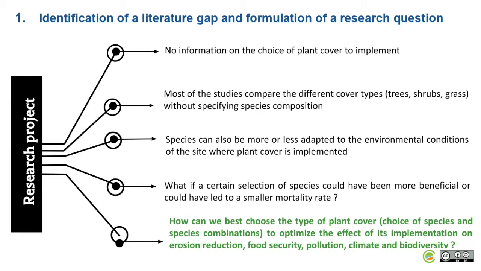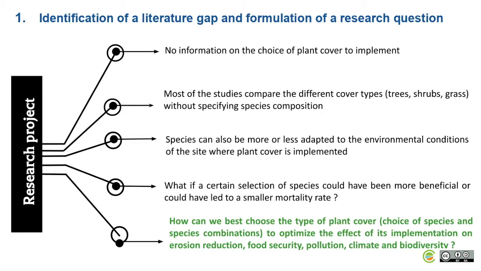Also, species can be more or less adapted to the environmental conditions on the site where plant cover is implemented. But what if a certain selection of species could have been more beneficial or could have led to a smaller mortality rate? Because some studies mentioned that there was a higher mortality rate on the plantations.